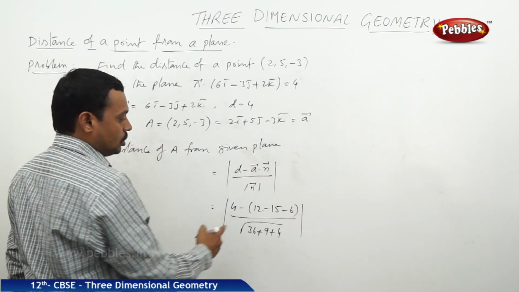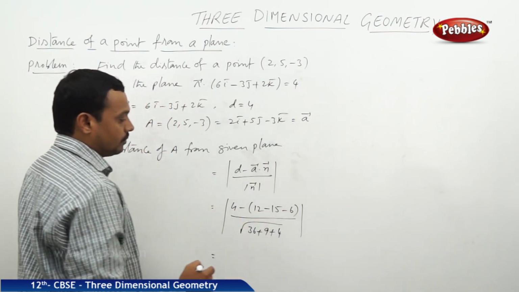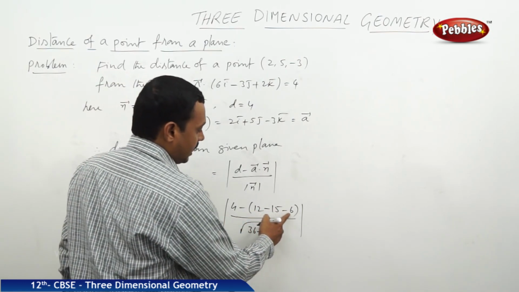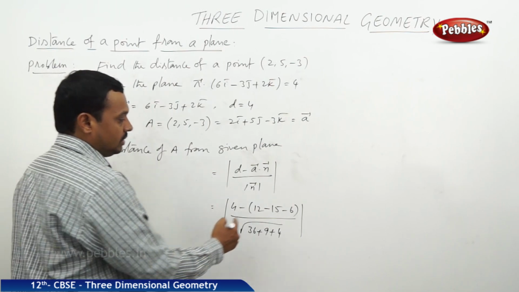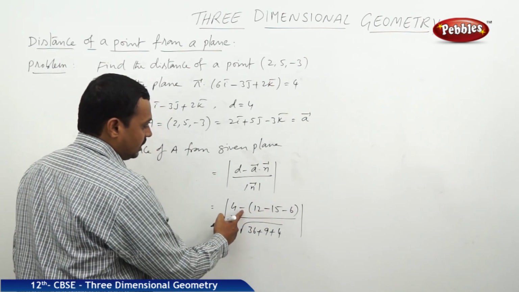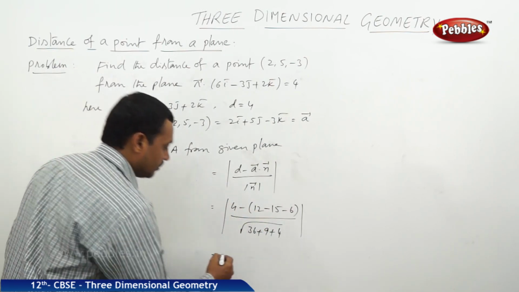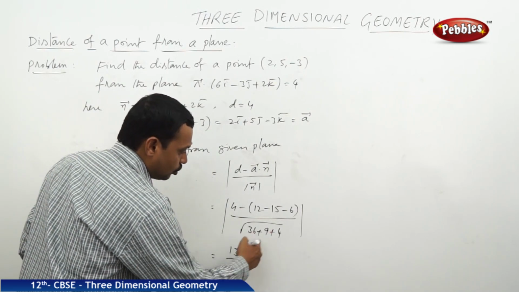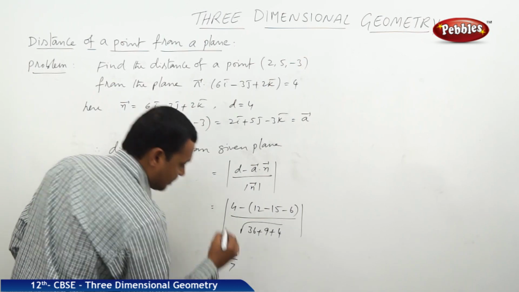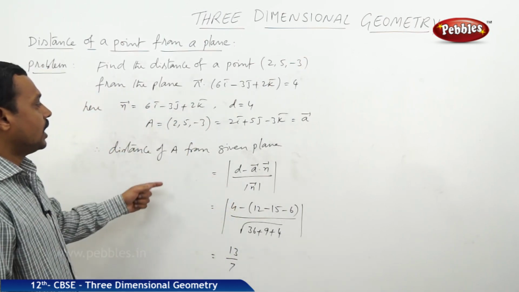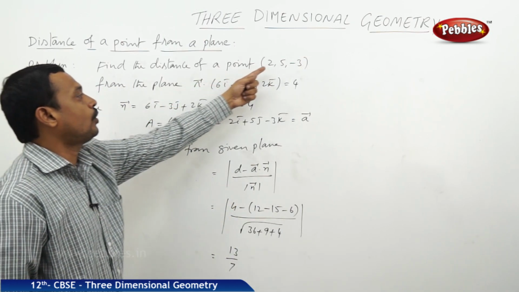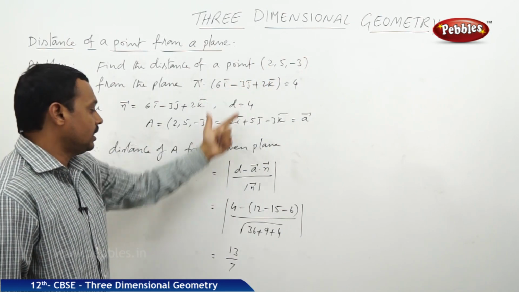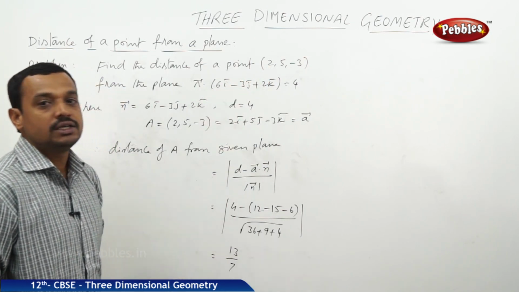Therefore, it is 4 minus 12 plus 15 plus 6, that is 13, by root 49, that is 7. Therefore, the distance of the given point from this given plane is 13 by 7 units.